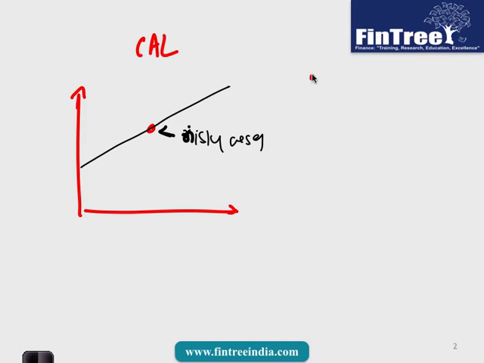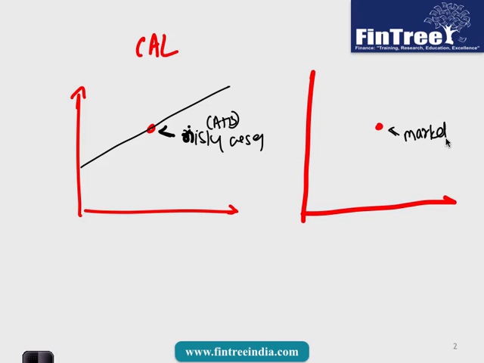Now what we are doing is that risky asset, we are going to define this as a market portfolio. The risky asset here was a combination of A plus B, but now we are going to keep that as the market portfolio. The same line, same logic, everything else is the same except that the composition of the risky asset changes.